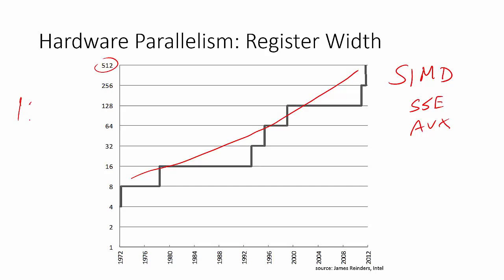This will fit 16 single precision floating point numbers in a single register, which means that you can do 16-wide operations with a single instruction on these elements.